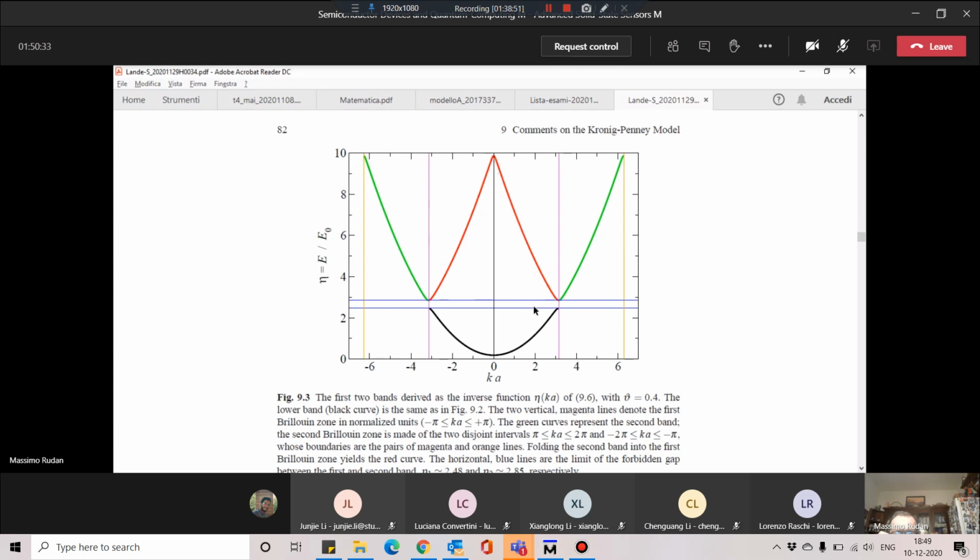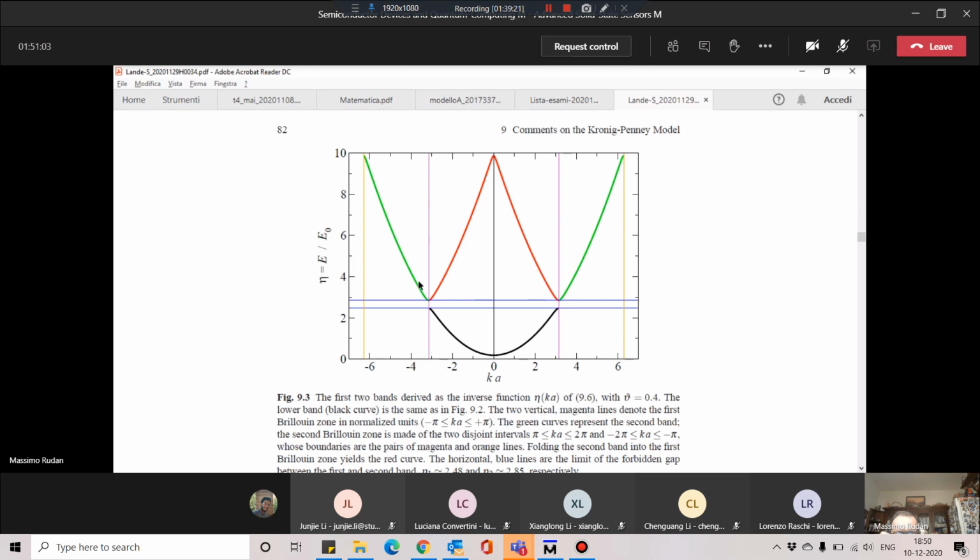You remember gallium arsenide, okay? You see some resemblance. So the red curve is the second allowed band of this example of the Kronig-Penney model when we restrict the consideration to the first Brillouin zone.